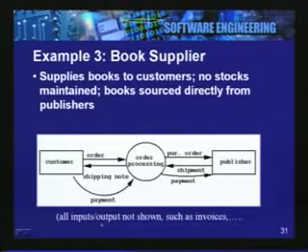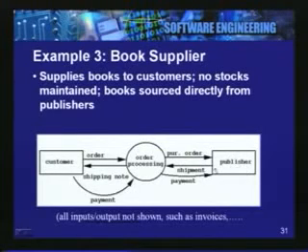As marked here, all inputs and outputs are not shown. So only a few are shown here, but you can indicate all the other details. Similarly, when the publisher is shown here as an entity, we are showing some important outputs going to him. So the order processing will prepare a purchase order and send it to the publisher.